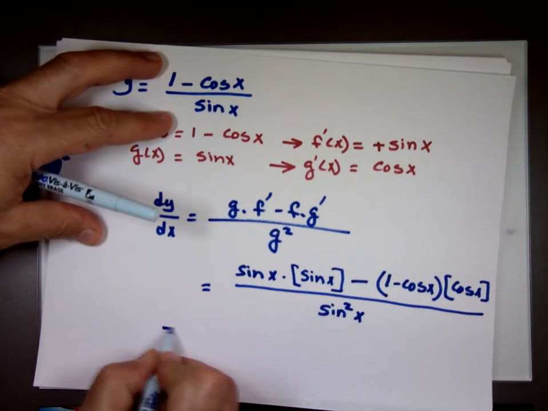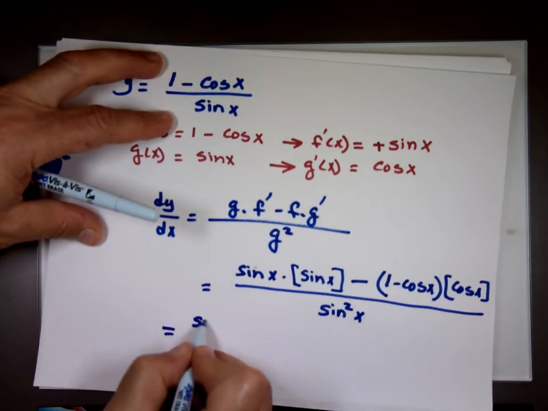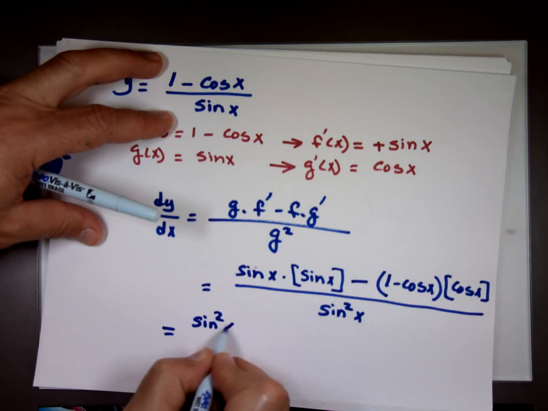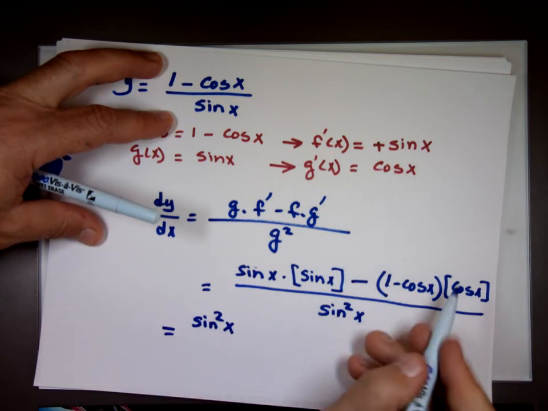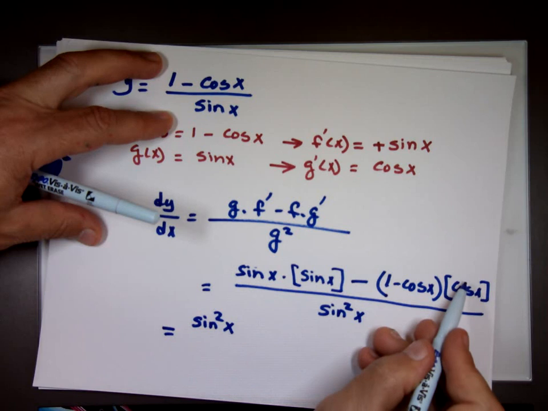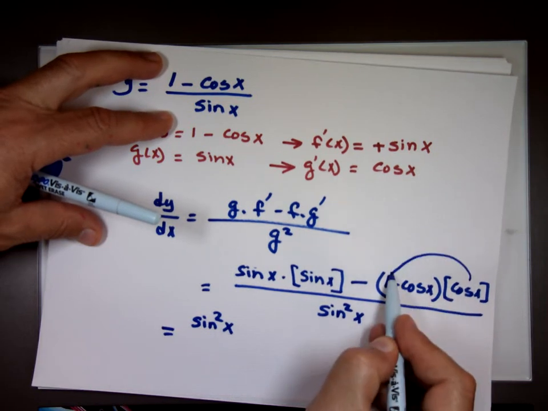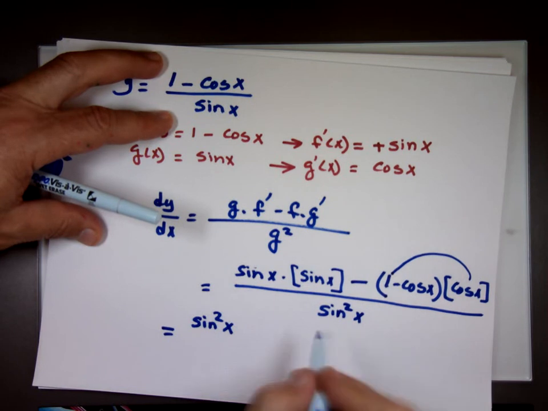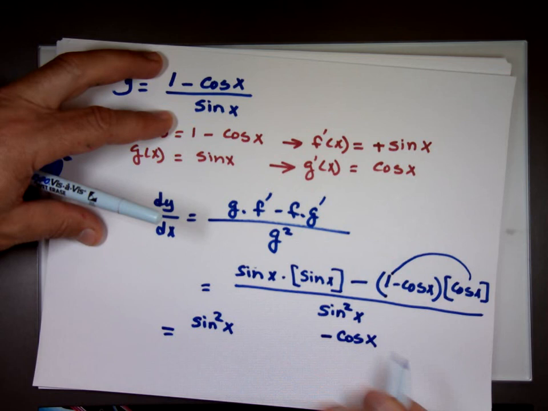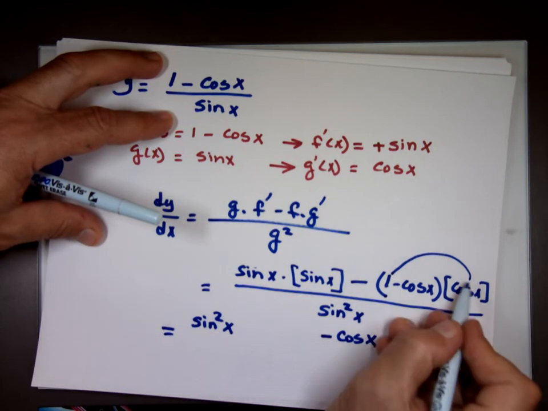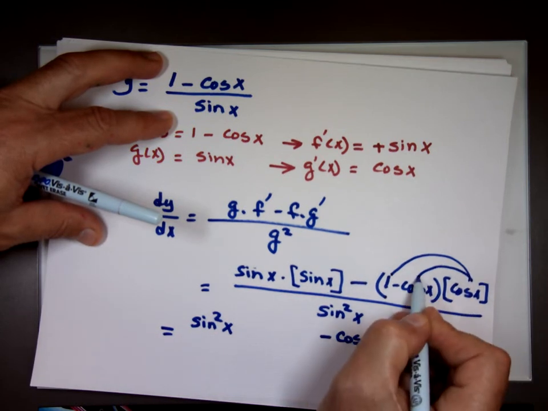I can simplify that. That's sine squared x. Let's multiply. What's cosine x times 1? Cosine x with the minus. I'm putting a space there, there's a reason. Trying to reshuffle them while I'm doing it, so I don't have to write it twice. And what's cosine times a cosine? And there's 2 minus signs.